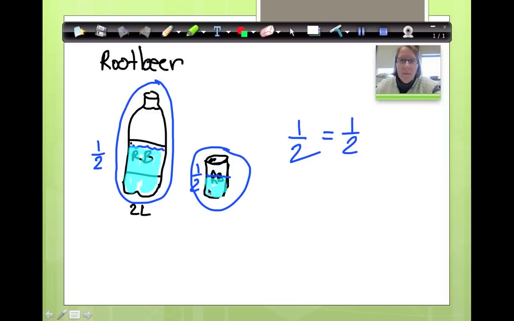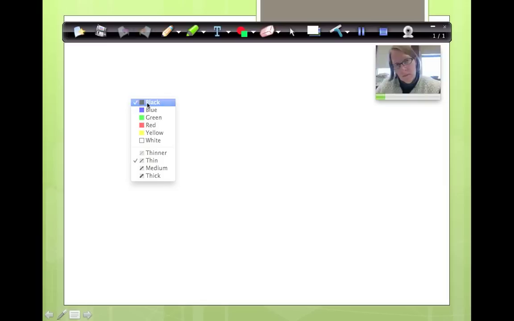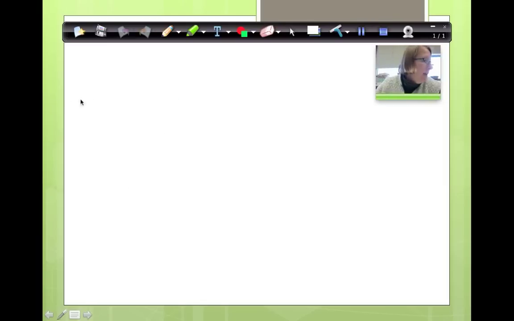Okay. Now, let's talk about that just a little bit more. I'm going to change my color back to black. Let's say this morning for breakfast, I had a glass of orange juice, and my glass of orange juice looks like this.